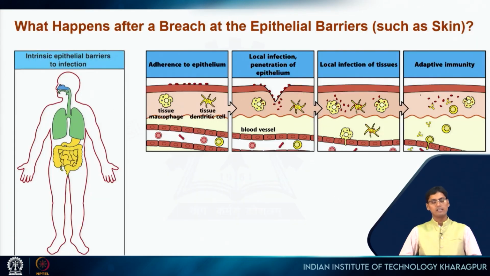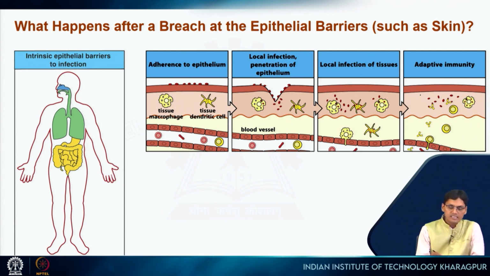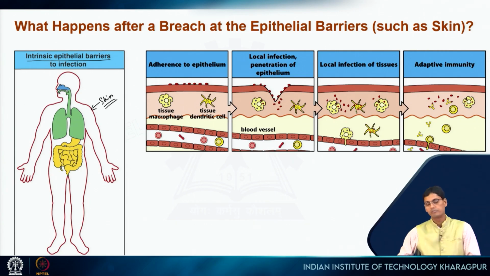Now let's see in more detail what happens after a breach at the epithelial barriers, such as skin. As you can see, this is the intrinsic epithelial barrier. It prevents infection. This is skin, present everywhere, and it helps a lot.